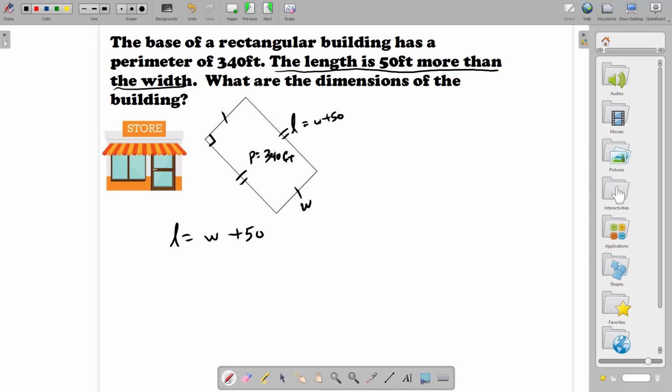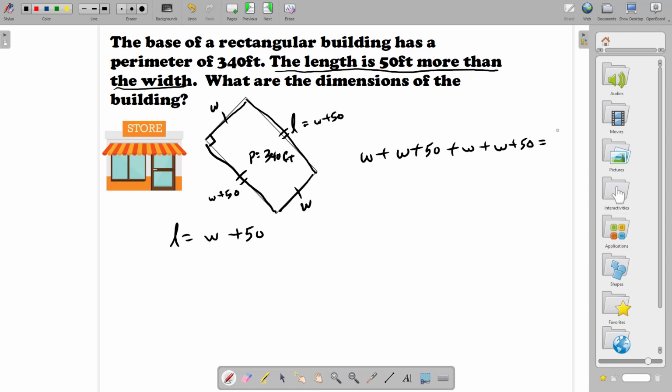So our width is just W. This width is also W plus 50. And there's a width. So now we take this side plus this side plus this side. And finally this side.